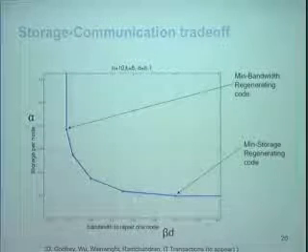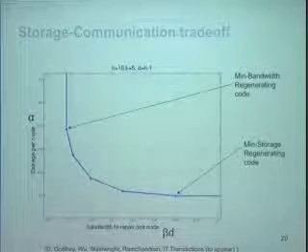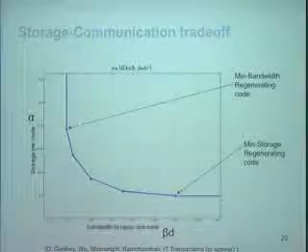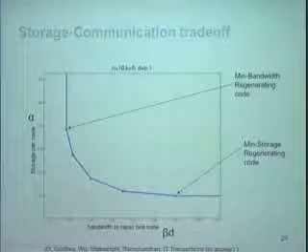So this is the minimum storage point, and this is the minimum bandwidth point. And there's a trade-off between the two. Everything above this blue line is achievable with random linear network coding, and everything below is information theoretically impossible by a cut set bound, like the one I showed.